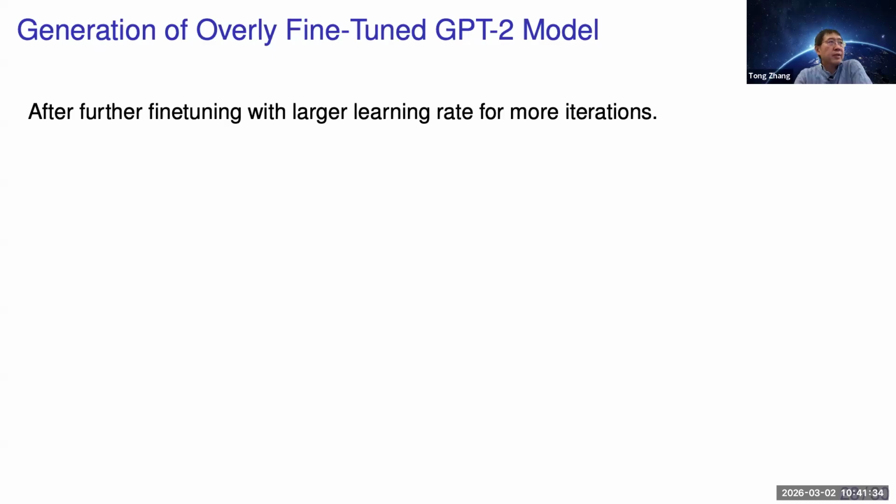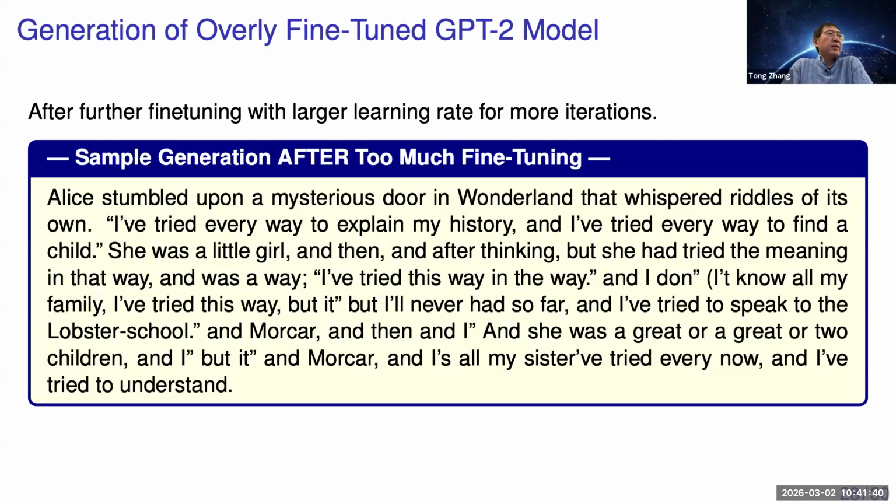Okay, so now overtune, what happens, right? You tune for more iterations, right? Then what you get is the following. When you tune for more iterations, what happens? Sometimes it gets, let me see.